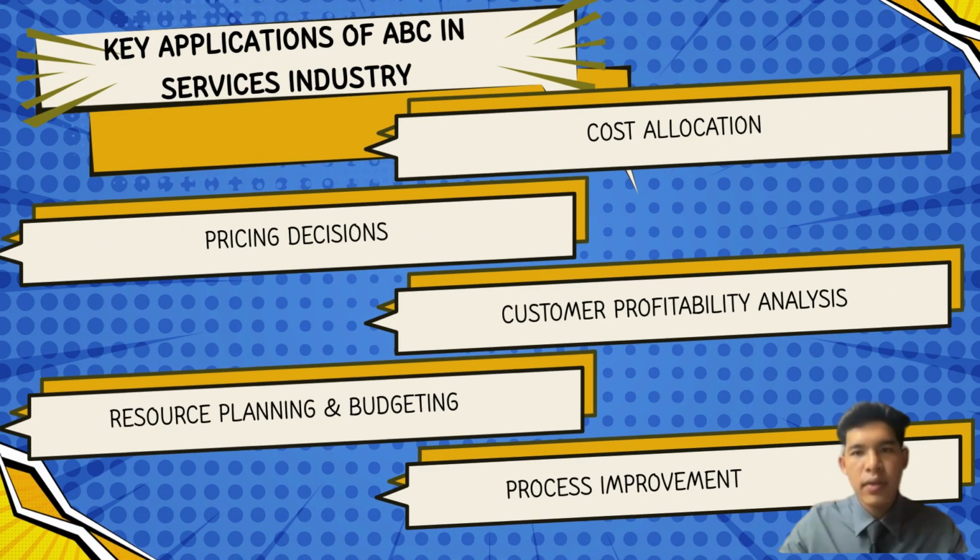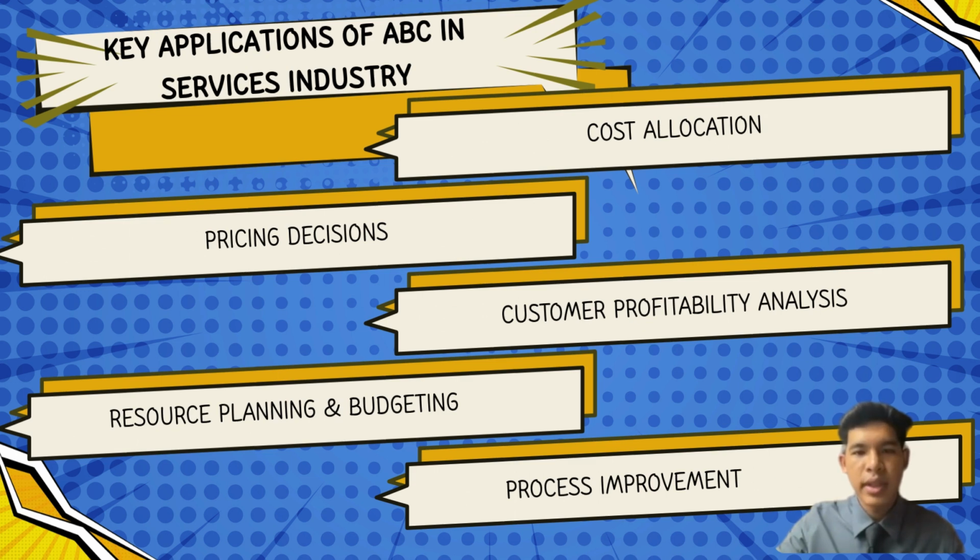Key application of ABC in the services industry. Unlike traditional costing, ABC provides a deeper understanding of how resources are used. This leads to smarter decisions in areas like pricing, budgeting, and process improvement. First, let's talk about cost allocation.